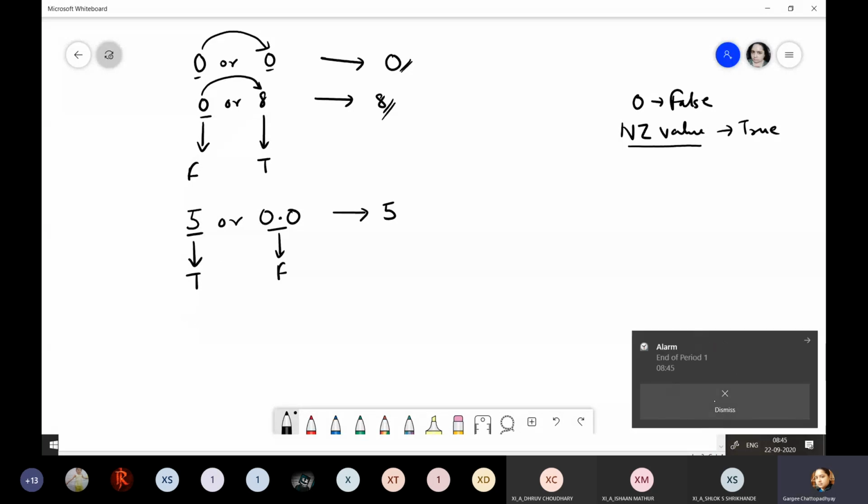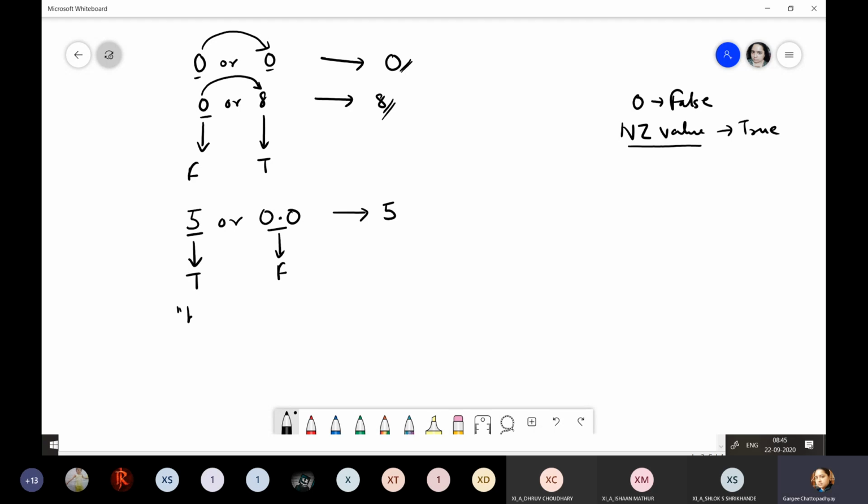Next is, we'll just complete this. Hello or empty string. What will I get? Now, hello is a string which contains some characters. Even if there is one valid character, even if there is a space, space is also a valid character. Got it? So this is what? True.